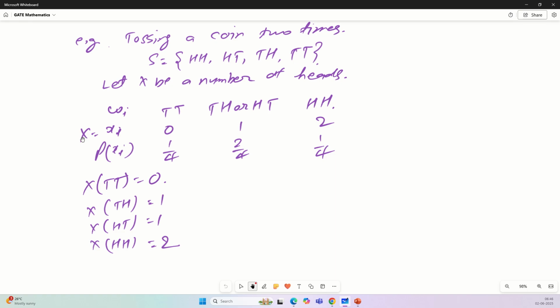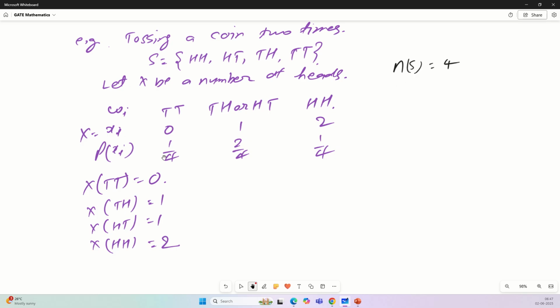Now my random variable X represents the number of heads. So how many heads are there? In this one, 0. In this one, 1. In this one, 2. Can you now tell me the probability of each of the options? The probability of xi is n_e by n_s, where the total size of the sample space was n_s equal to 4.